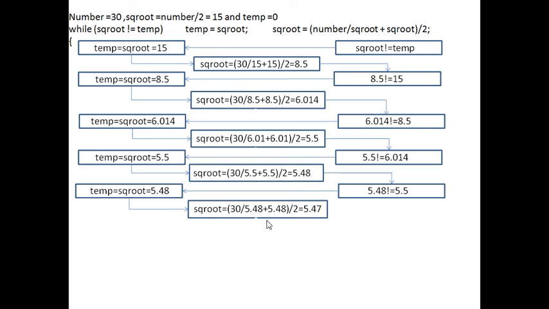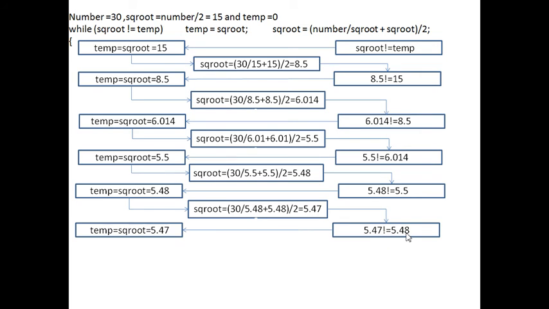Next 5.48 is assigned. Then we calculate the same, and you get 5.47. 5.47 is not equal to 5.48, so again temp is equal to 5.47. In the next step you get 5.47. We started with 5.47 and we ended with 5.47, so both are equal.